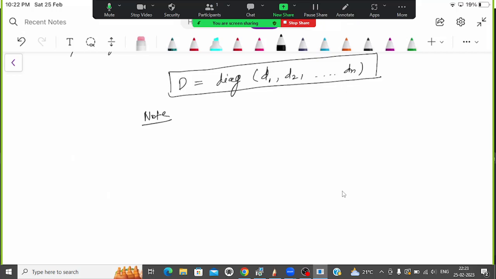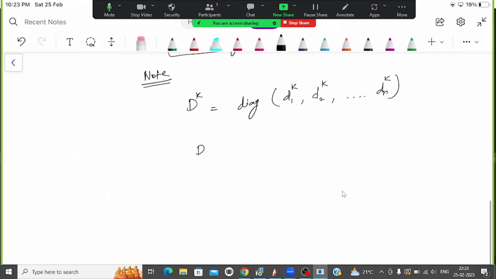One note point is here. Suppose the diagonal elements have power k, so each element will have a power of k: d1 to the power k, d2 to the power k, up to dn to the power k.